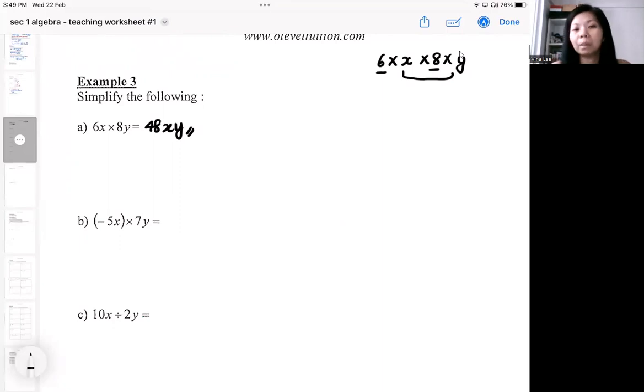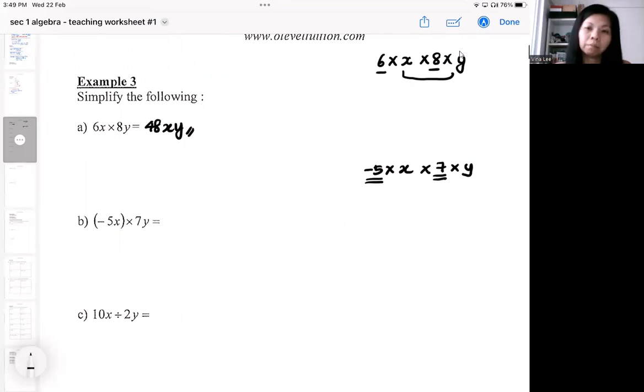In part B, you will be seeing minus 5x, which is equivalent to minus 5 times x, and you're going to multiply by 7 times y. That is the thinking process. You see a negative number and a positive number, so you apply what you learned about negative and positive numbers.